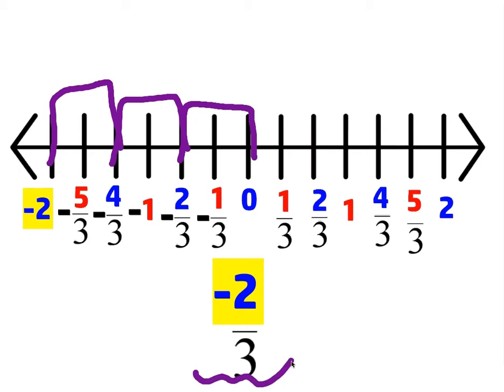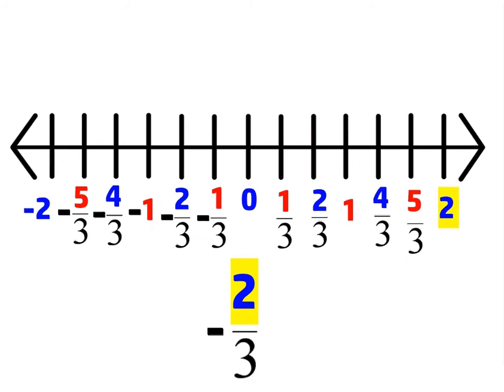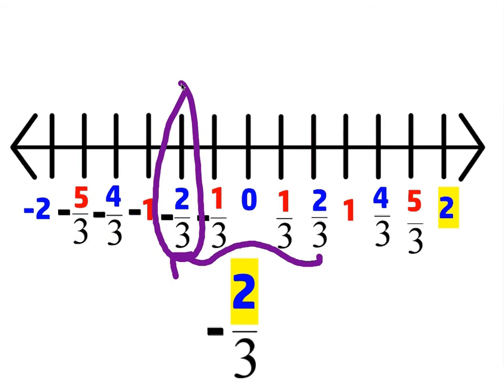So 1/3 of that would be right here, which would be negative 2/3. And we kind of just gave away the answer because that's the same as if we took 2/3 and made it negative. So it ultimately ended up over here. Right? So therefore, what we've shown there is negative 2 over 3 is the same as negative 2/3.